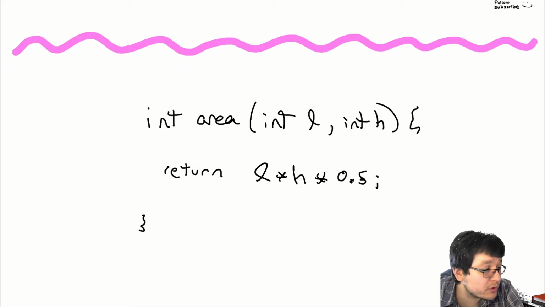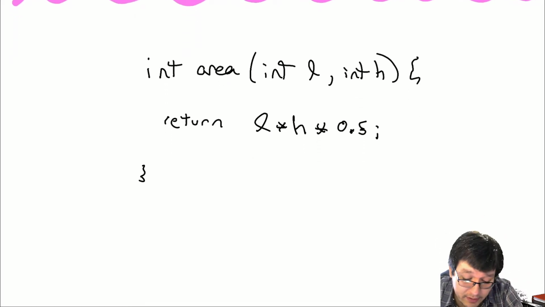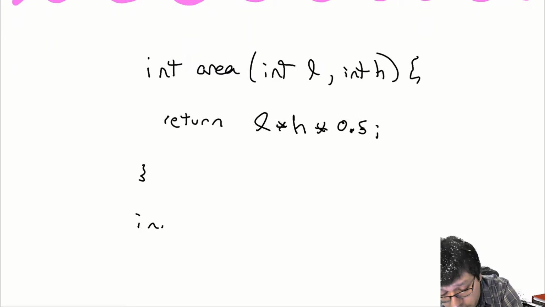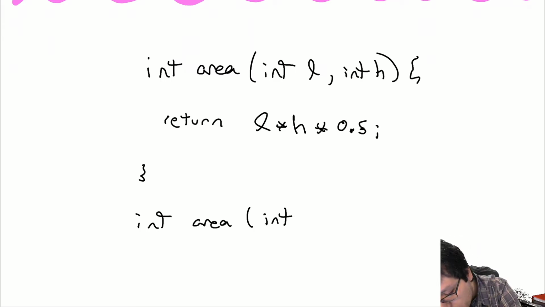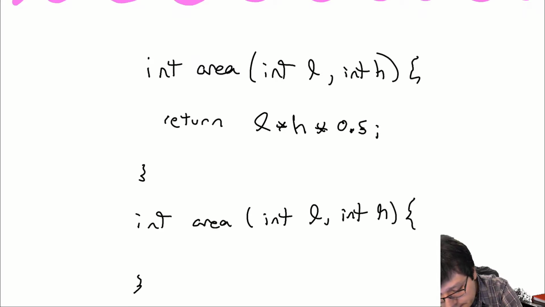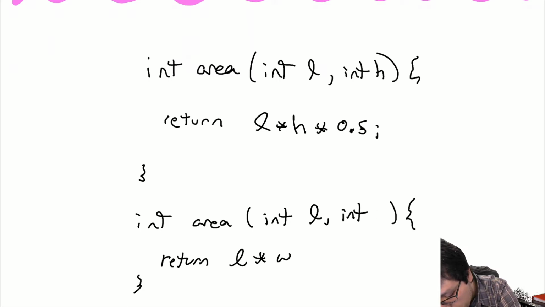So that would actually return to you the area of a triangle. If we wanted to do the rectangle, that's just return length times width. You could call it height, but let's call it width.